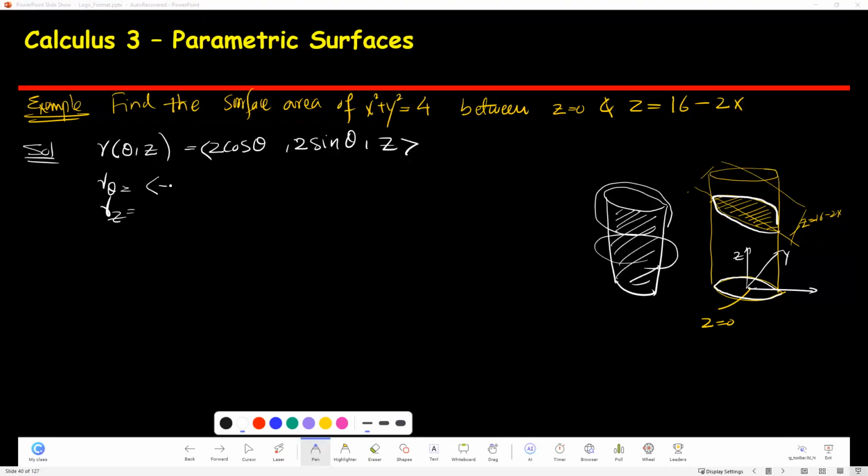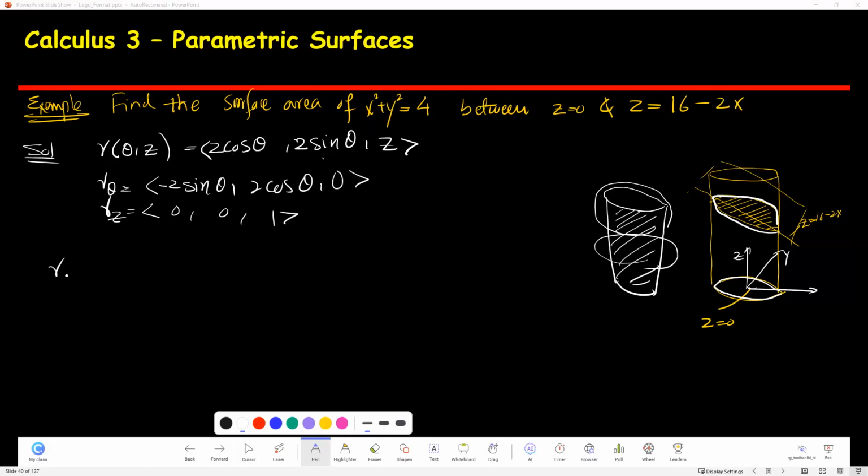So I'm going to write r theta equals minus 2 sin theta, 2 cos theta, and the z derivative is going to be 0 because there is no variable for theta. Rz equals 0, 0, 1. If I take the derivative, 0, 0, and the partial derivative with respect to z is 1.